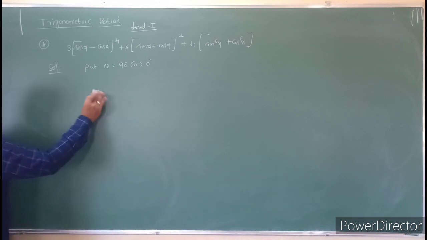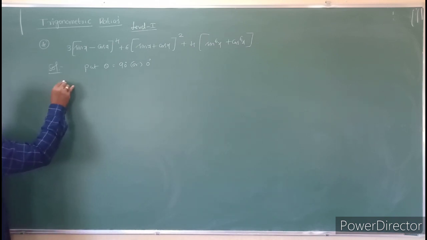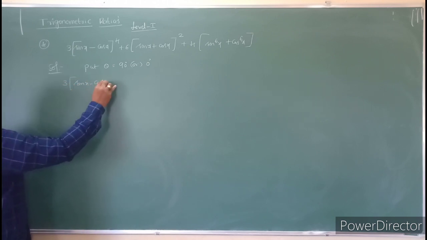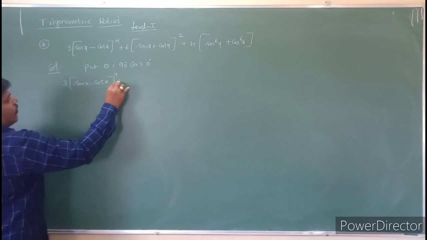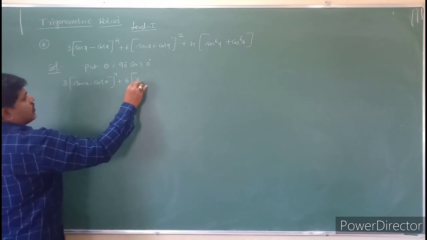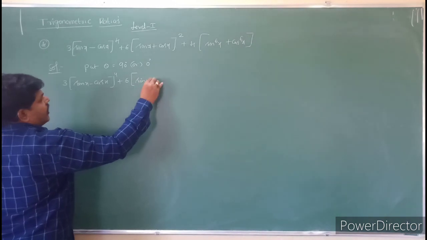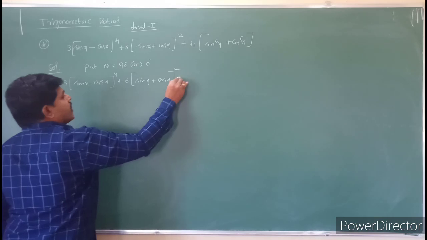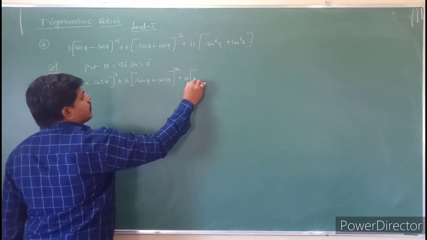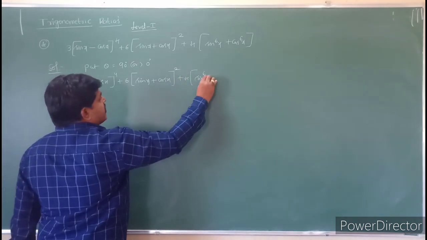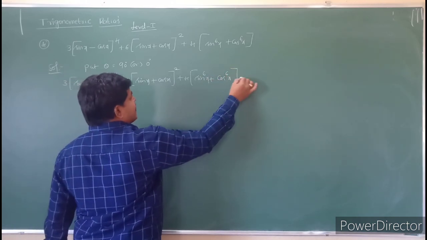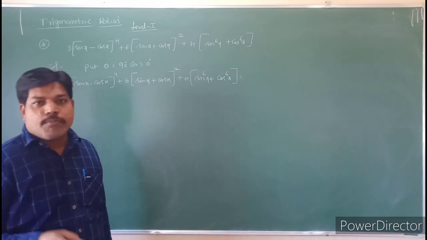What happens? That implies the LHS is 3 into (sin x minus cos x) whole power 4 plus 6 into (sin x plus cos x) whole square plus 4 into (sin power 6 x plus cos power 6 x). Just substitute 90 degrees in the place of x.